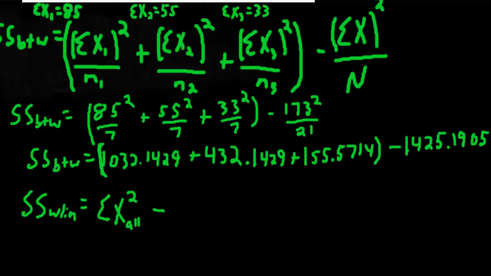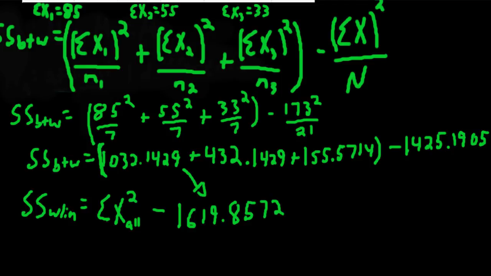And we subtract basically what we computed up here on the right hand side. So this will come down over here. So we got for that 1619.8572, adding these three numbers together.